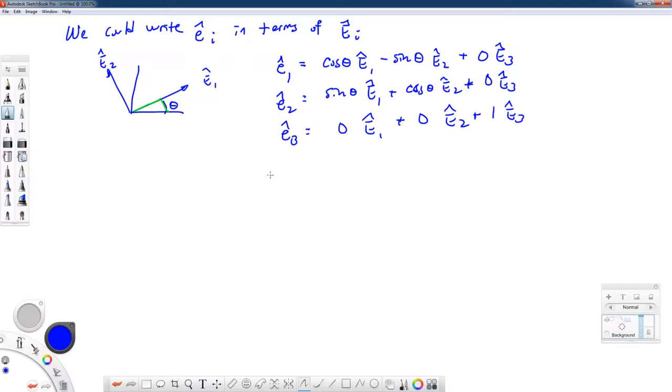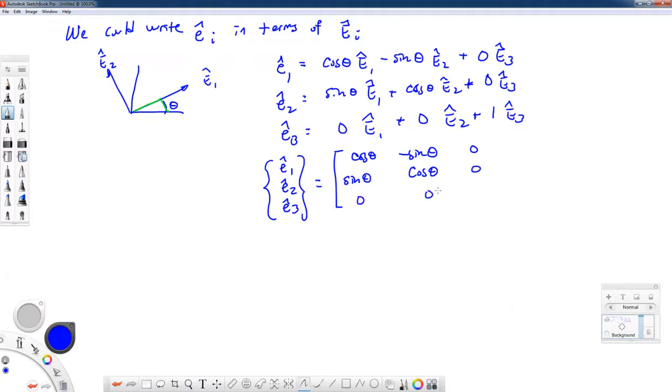And we can construct the matrix as we did before, this way the other way around. And it makes sense that it's the transpose, or at least that it's the inverse, and we can see that when we have this relationship written this way, it's also the inverse.